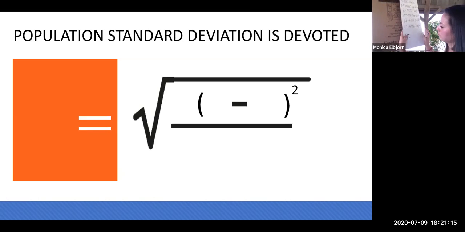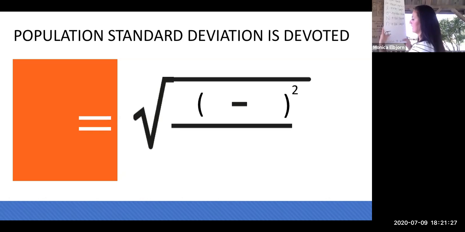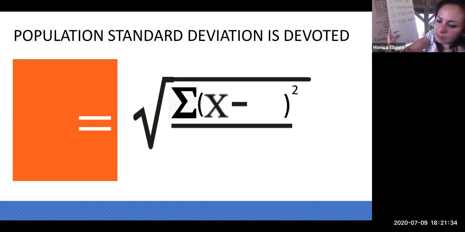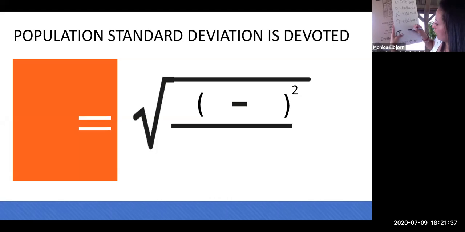Sigma is the population standard deviation. So the same concept applies. We have our data points, you're still going to have data points because that's your input. We're going to see how far they are from the mean.